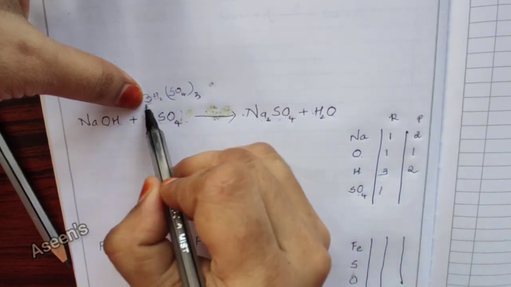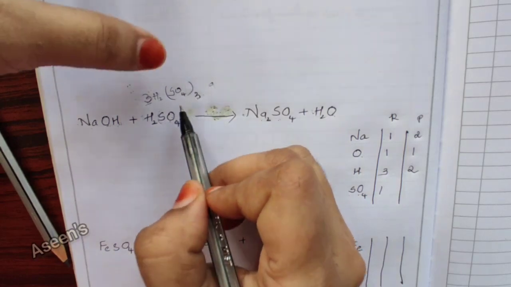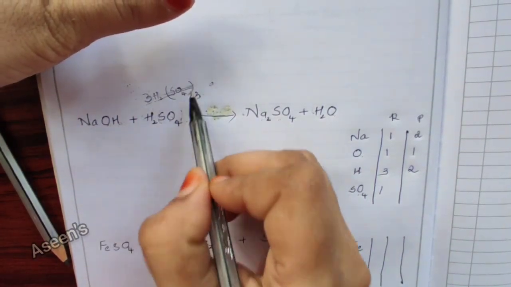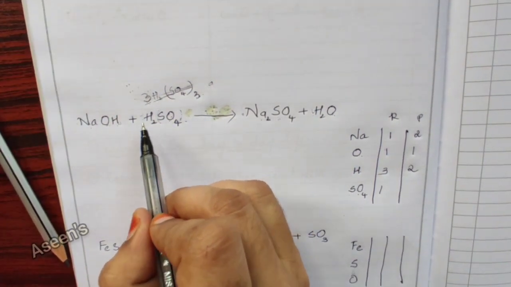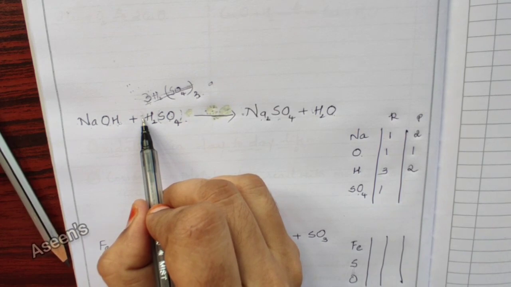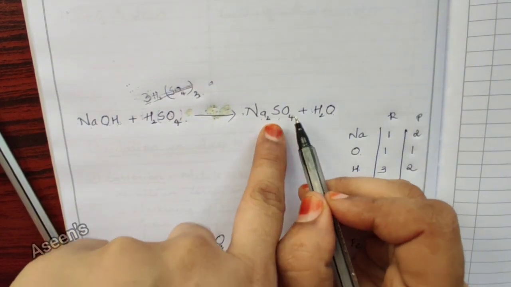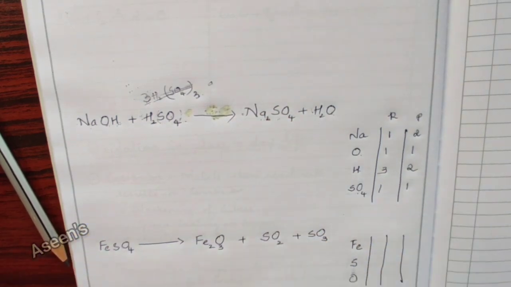This number I need to take, this one is how many times repeated. So in this case I don't have any such thing, so here no bracket, so it's considered 1, and here no number, so 1 1s is 1. Same thing here, SO4, no bracket here, no number, so this is 1.